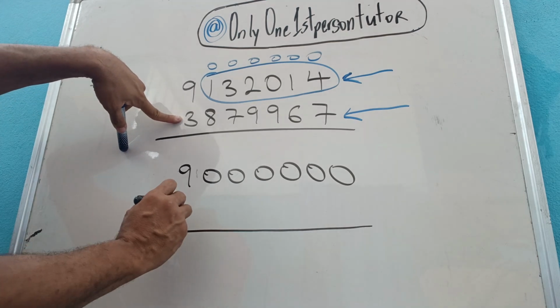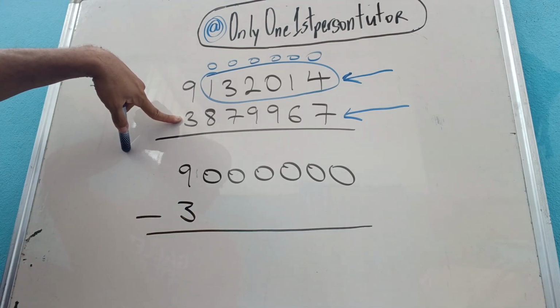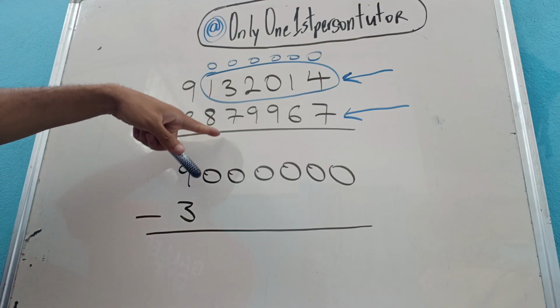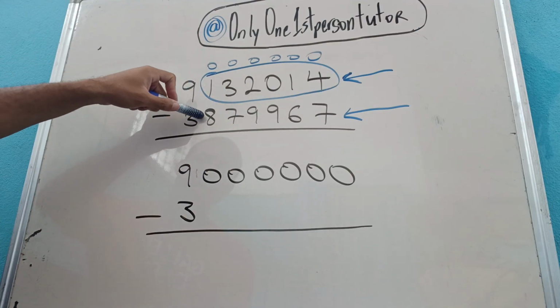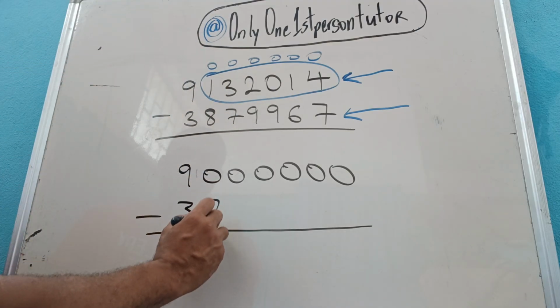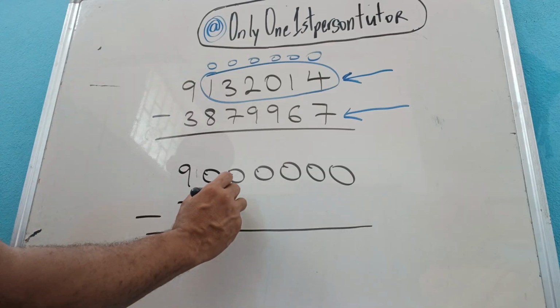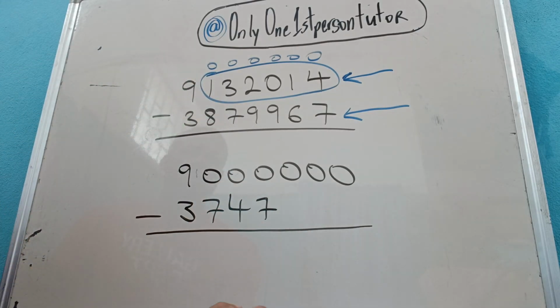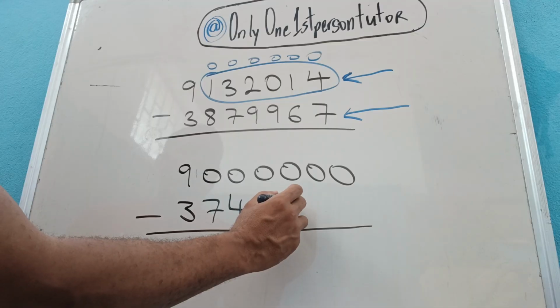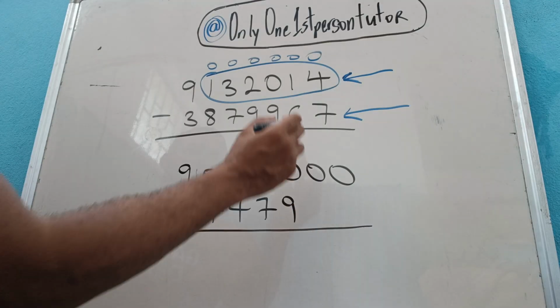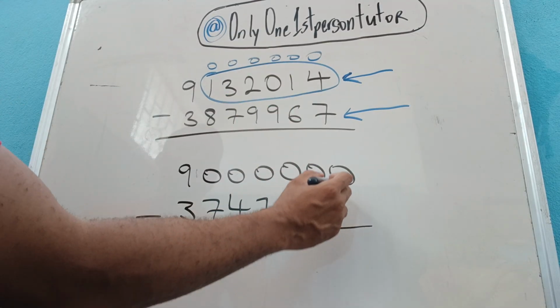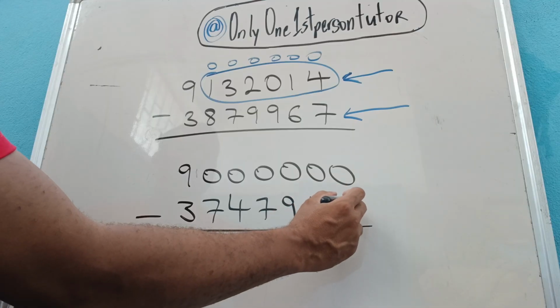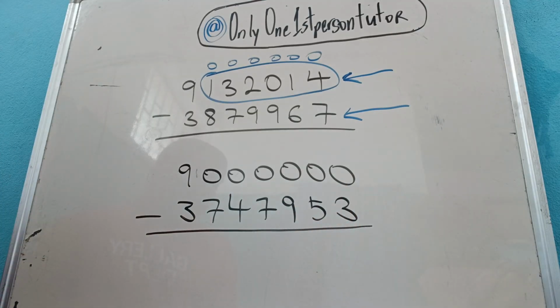That 3 we're going to put down here. And now we're going to start subtracting in the opposite direction. 8 minus 1, 7. 7 minus 3, 4. 9 minus 2, 7. 9 minus 0, 9. 6 minus 1, 5. 7 minus 4, that's 3.